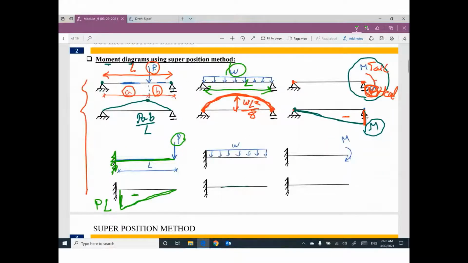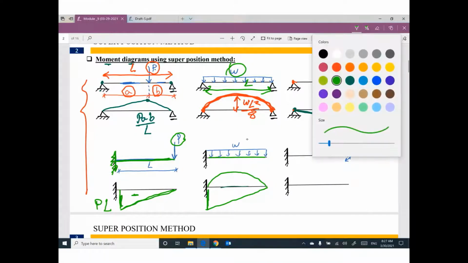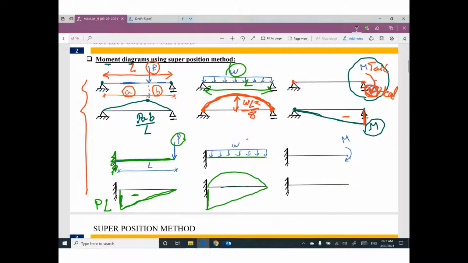The next case, if you have a fixed cantilever with a uniform distributed load, your bending moment diagram will be a triangle, but I will add a parabola. This triangle will have here a value of W L squared divided by 2.